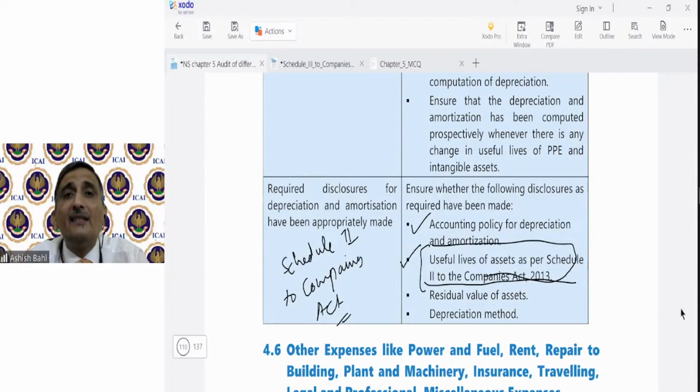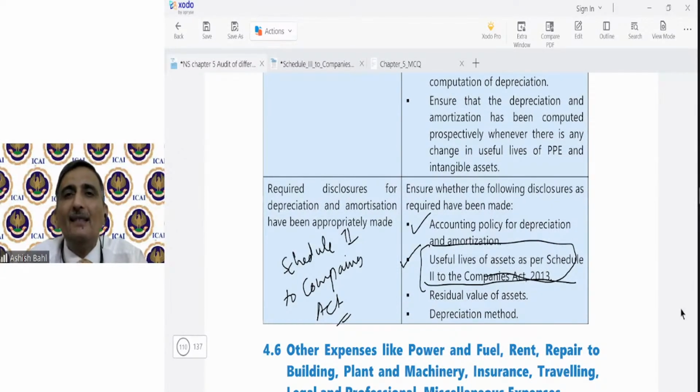And it contains different instructions, guidelines, what steps have to be kept in mind while arriving at useful life of the assets. So remember, useful life of assets are there in Schedule 2 of the Companies Act. Those who want to see, they can go to Schedule 2 of the Companies Act, which is available on the MCA portal.